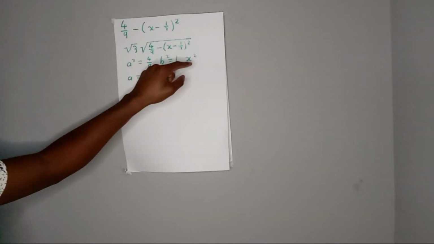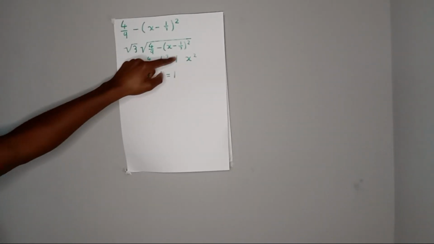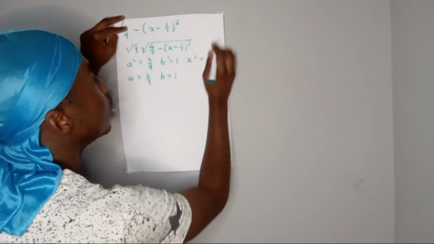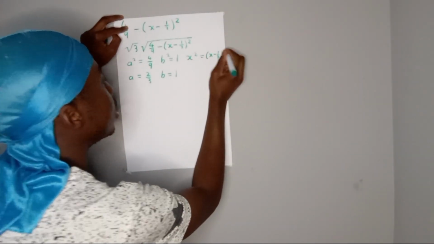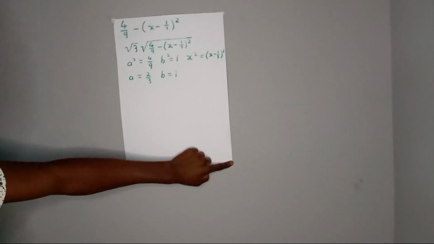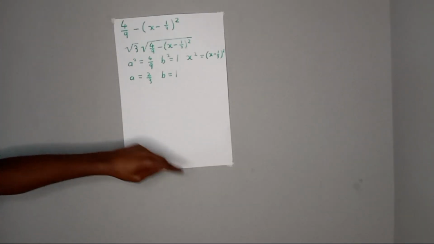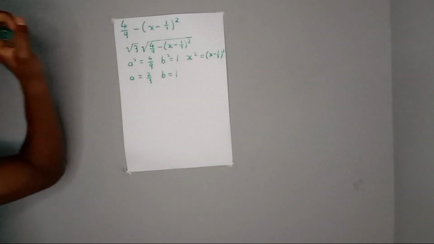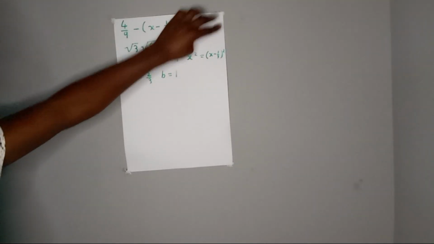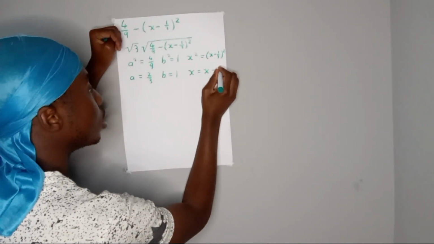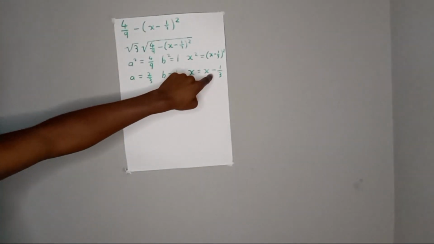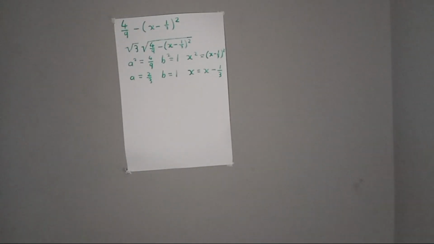The x squared is obviously going to be x minus 1 over 3 squared, and when you square root this, that's going to leave us with x equal to x minus 1 over 3. Right?